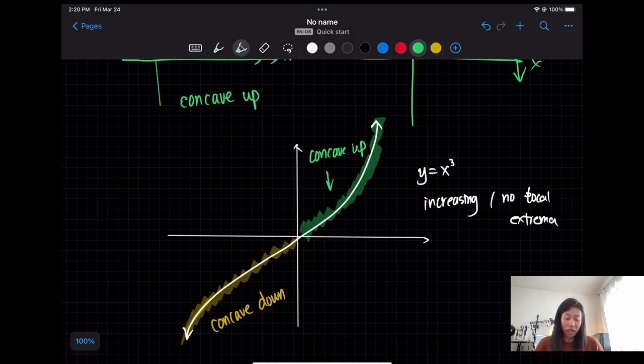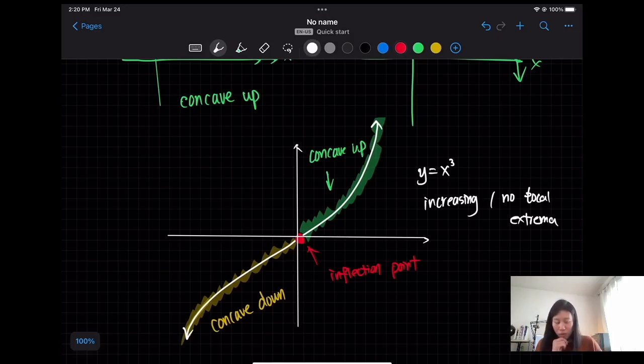Where the concavity behavior changes, in this case at the origin, this point is the inflection point. The definition of an inflection point is where the concavity changes from concave down to concave up, or from concave up to concave down. Either way, this is called an inflection point.